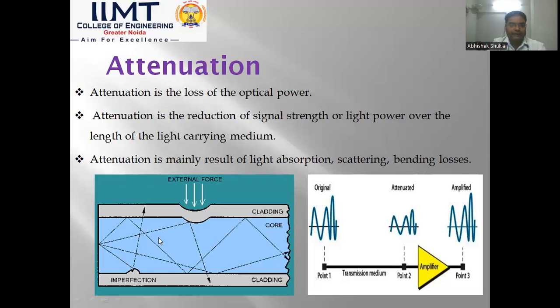So no proper reflection occurs, and therefore our signal is lost or distorted. You can see from this figure that an original signal is there, attenuated, and again at the receiving end, an amplified signal is also there. So we have to remove these things for getting proper signal transmission.